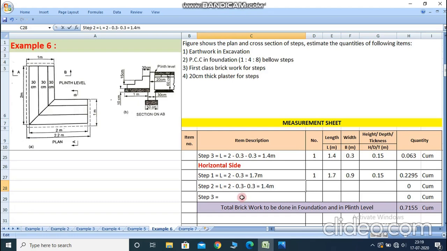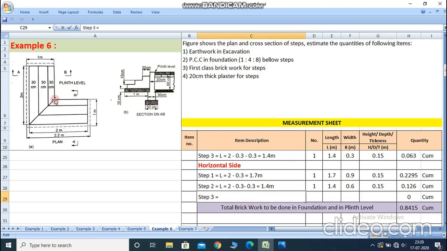So here number is given 1, length is 1.4 meter, width is 0.6 meter. So width of this part is 0.3 plus 0.3, and height is given as 15 centimeter, so 0.15. So total quantity is 0.126.